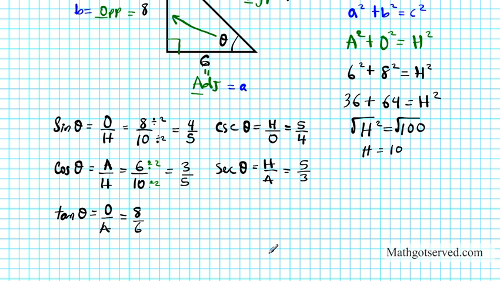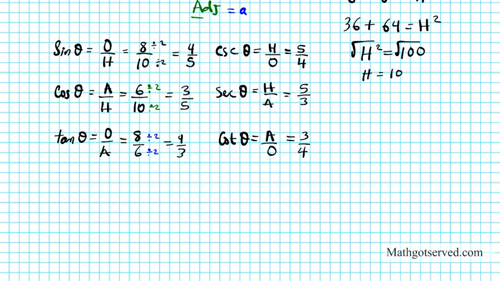I can reduce that by dividing the numerator by 2 and the denominator by 2. That's going to yield 4 over 3. If I reciprocate that, I get cotangent. Cotangent theta is adjacent over opposite, which is 3 over 4. So there goes our six trig ratios.